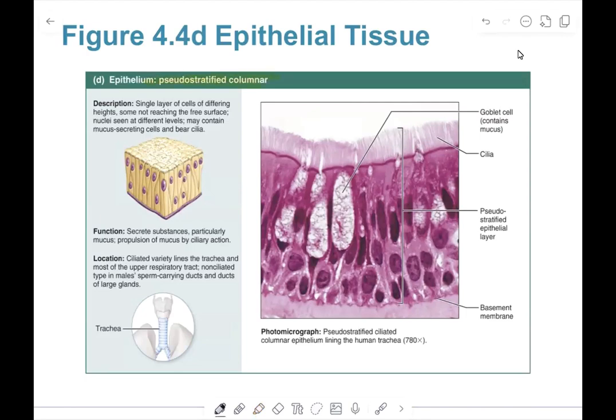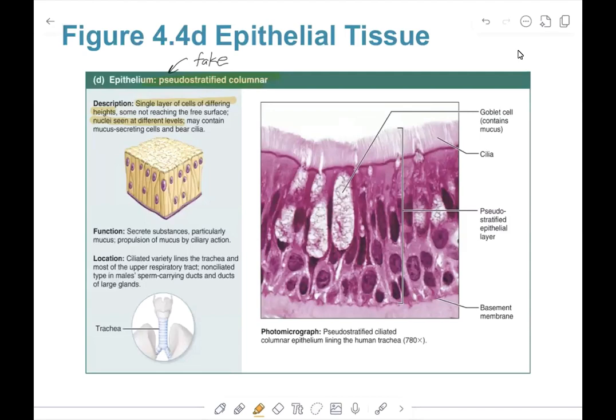And pseudo, that prefix, means fake. So it appears that it's stratified, but it's really not. It's a single layer of cells, differing in heights, some not reaching the free surface, and the nuclei are at different levels. So some may bear cilia.